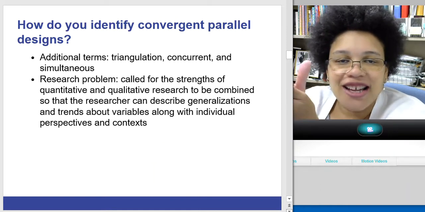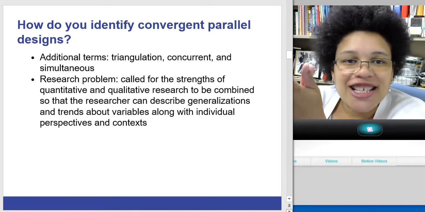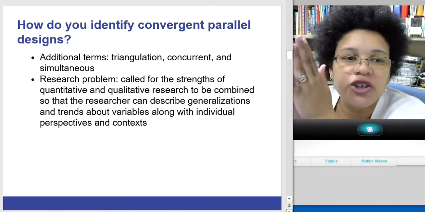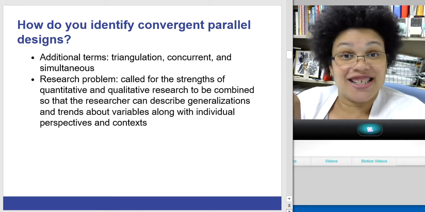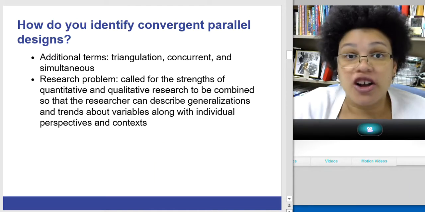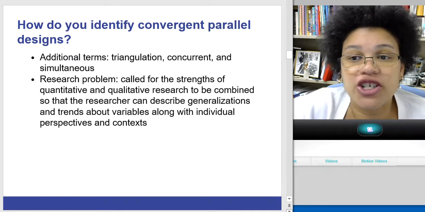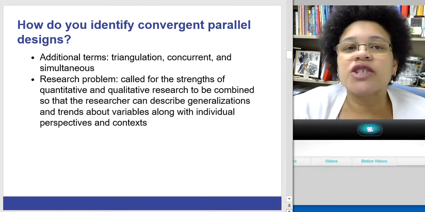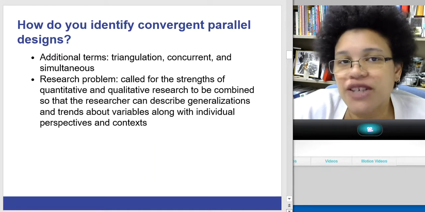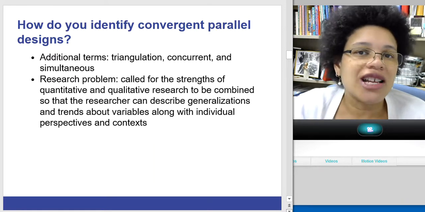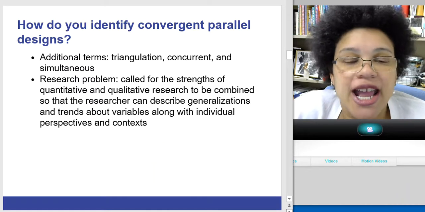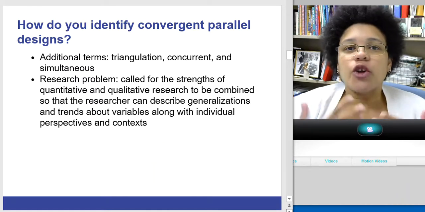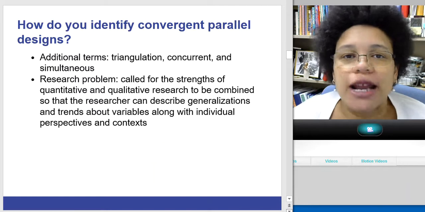Now, I will say, in my experience, true convergent parallel designs are rare. And the reason is what we talked about when we first started talking about qualitative research. Quantitative research is coming from a post-positivist perspective, and qualitative research is coming from an interpretive perspective, right? And so there are really two different worldviews at play.